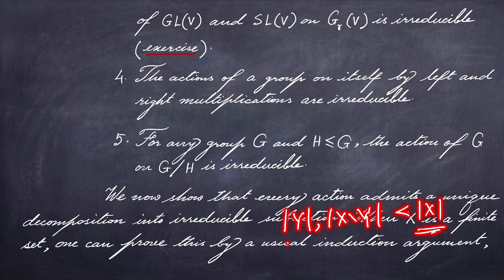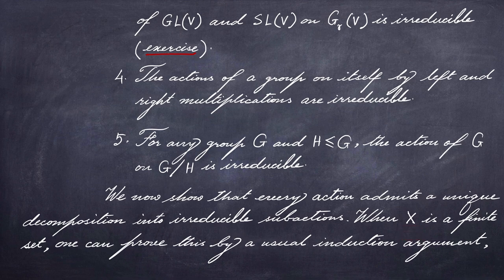And now by induction we come. Since both Y and X minus Y, these two sets have less number of elements than that of X, we can run the induction argument, and thus the claim is established when X is an arbitrary finite set.